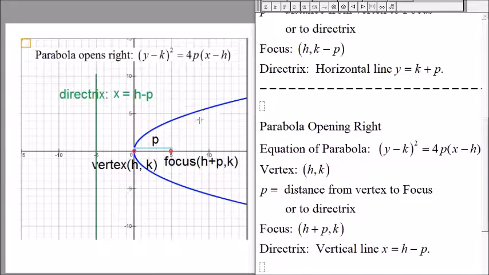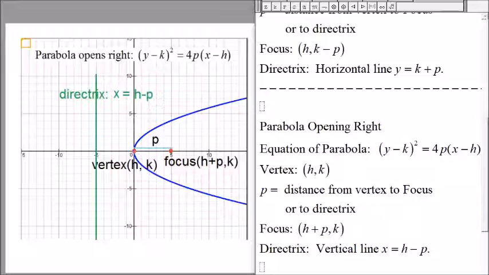And for a parabola that opens to the right, the vertex is still (h, k) right here, but this time the directrix is a vertical line, and the focus is inside the parabola. And so the equation now becomes (y minus k) squared equal to 4p times (x minus h).